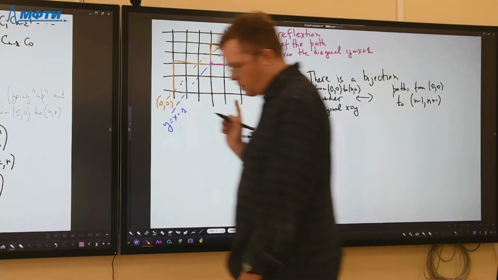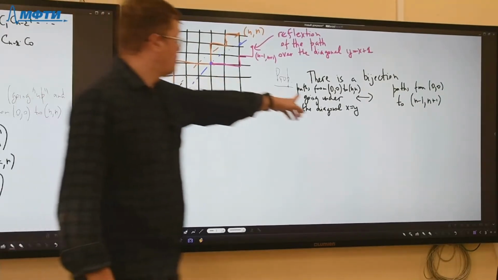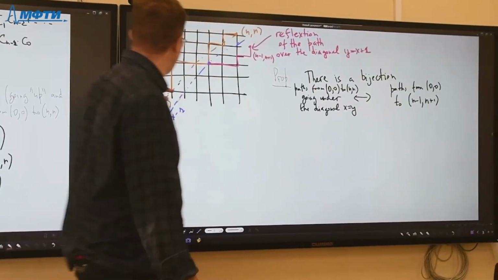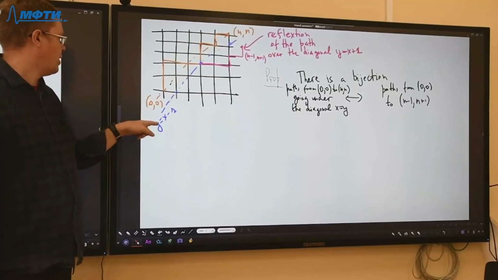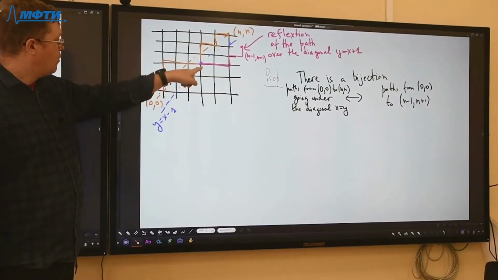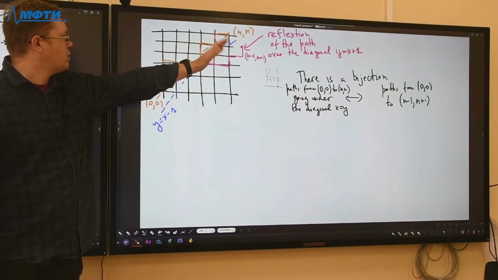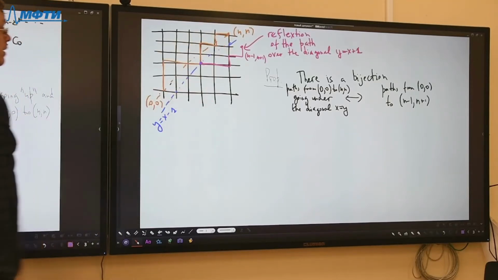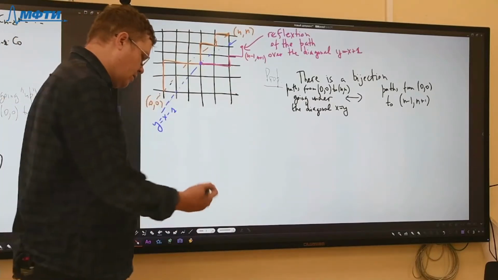So what I give you is just the mapping from the first path to the second path. All paths that go under the diagonal will intersect the line y equals x minus 1. And from the first intersection, I will take the reflection over this line, and I will end in n plus 1, n minus 1.